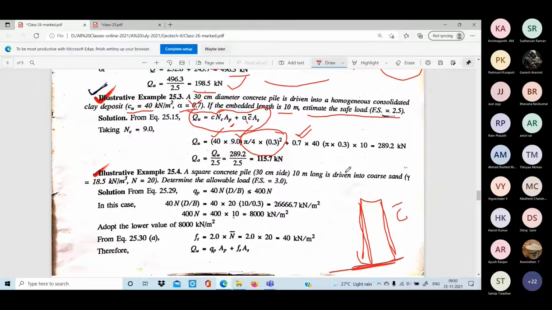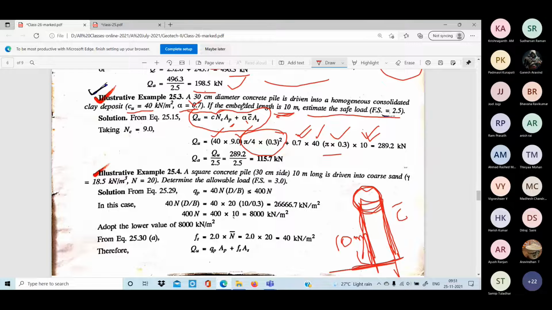In that case, this is pi d into 10, that means the whole length will come. 40 into pi d, the periphery, and the 10 must be the length of the pile. Hope you are following. 40 into pi d into the whole length. It is in cylindrical form.